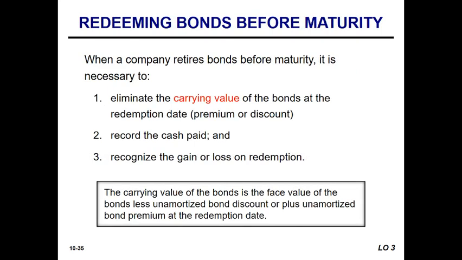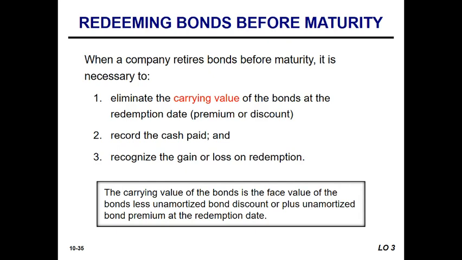When that happens, the company needs to eliminate what we call the carrying value of the bonds at the redemption date. So this is the premium or the discount. It needs to record the cash that's paid. And then we're going to recognize either a gain or a loss on the redemption.